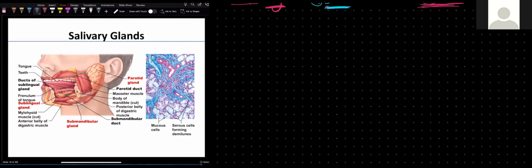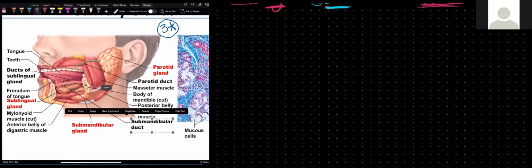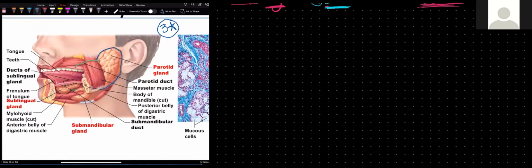A three stars diagram. The only things that we need to identify here, or mainly, is going to be the salivary glands. Remember, we've got three pairs of sets of salivary glands.